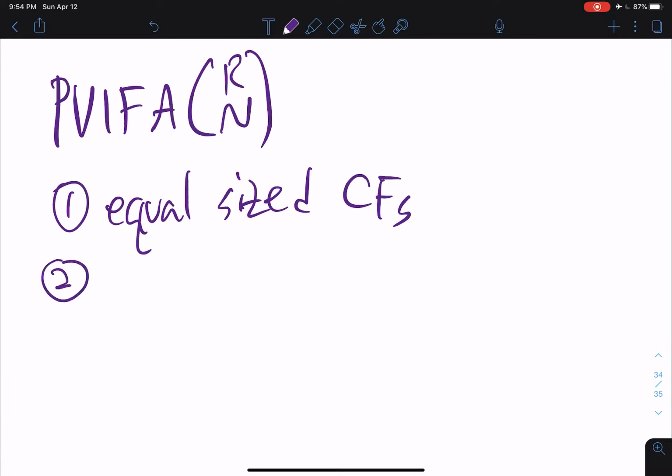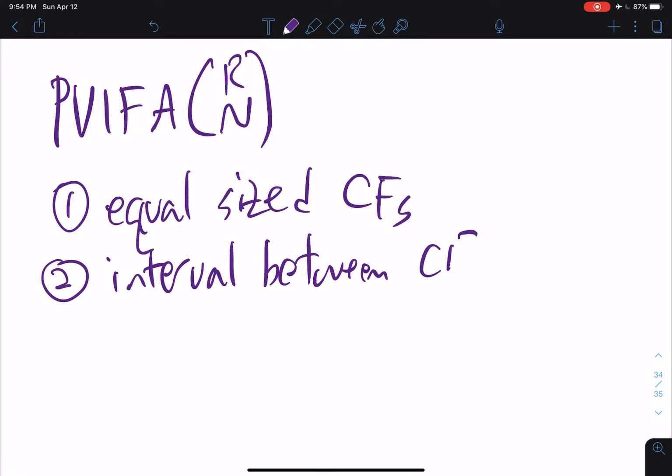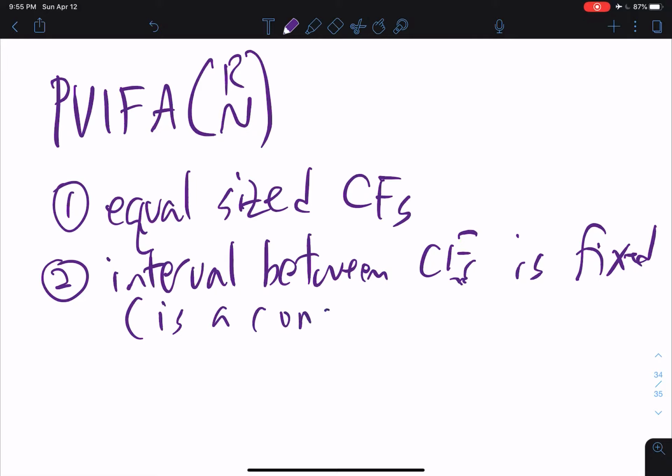The second criteria is that the interval between the cash flows is fixed, or you could say is a constant.